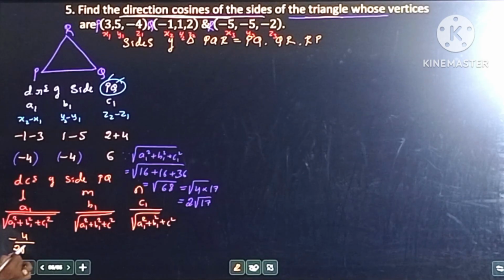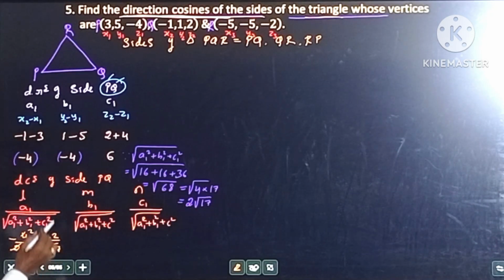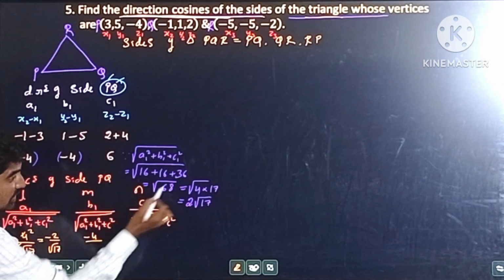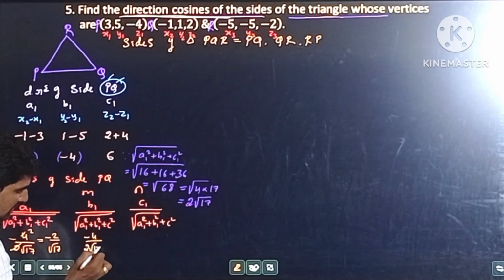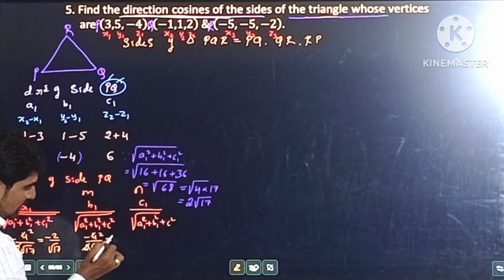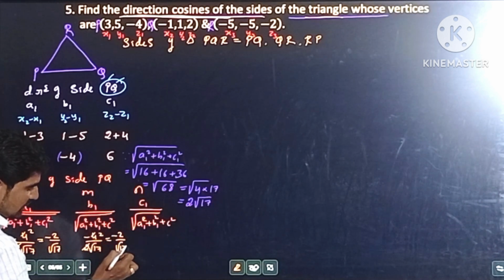root 17, 2 root 17. Here I can cancel, 2 ones are 2, twos. So the value of L is minus 2 divided by root 17. Similarly the value of M, B1 is minus 4 divided by 2 root 17. Here I can cancel 2 ones are 2 twos. Therefore the value of M is minus 2 divided by root 17.